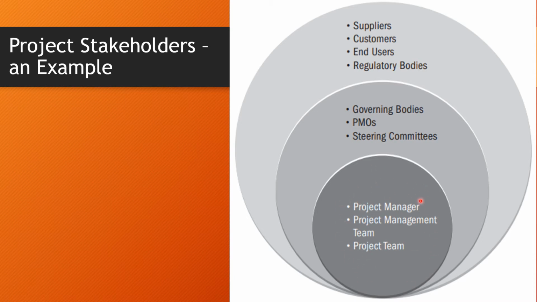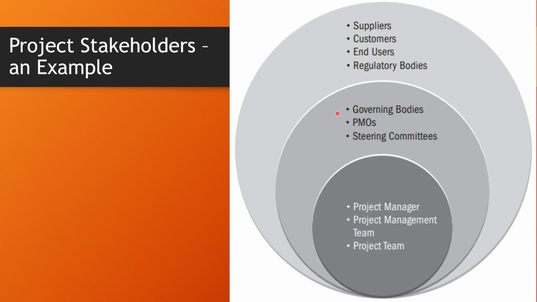These people are responsible for implementing the project and for the success of the project outcomes. So these are called core stakeholders. These are the core team, in the inner layer of the project stakeholders.